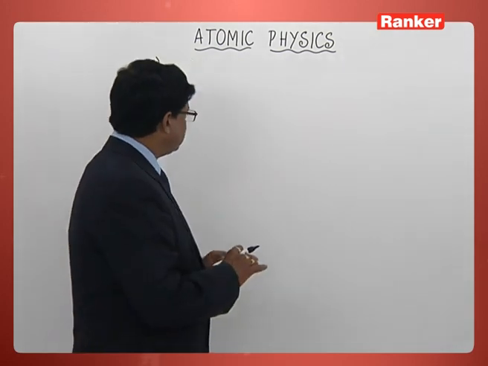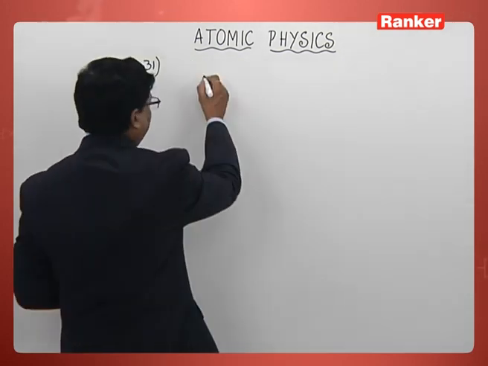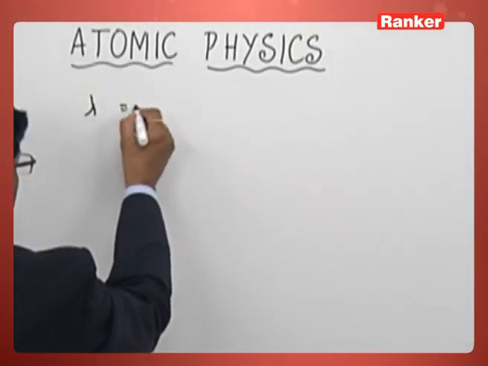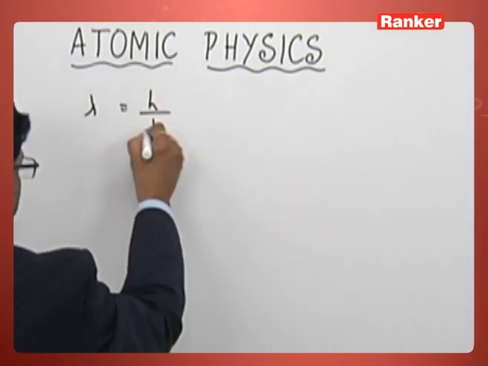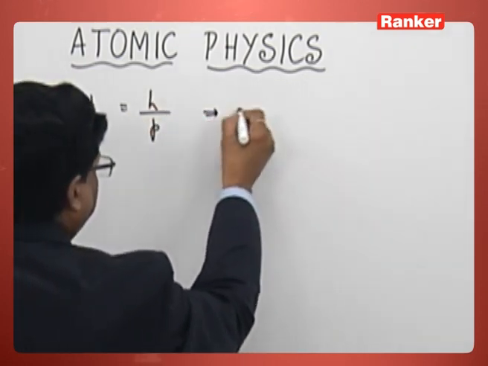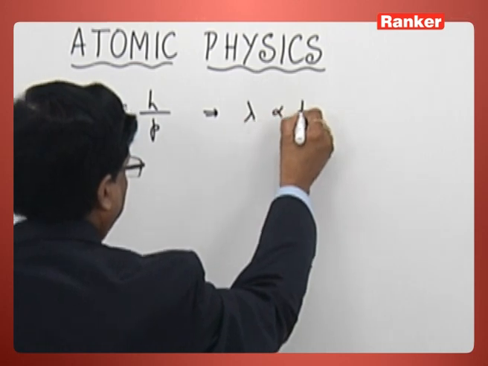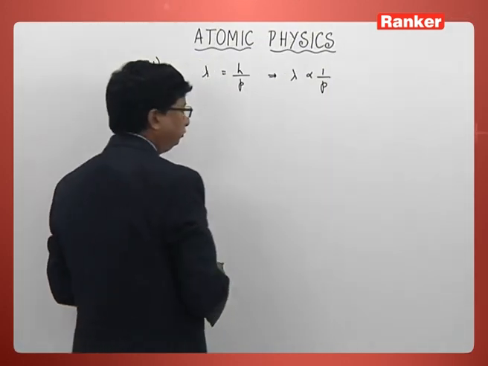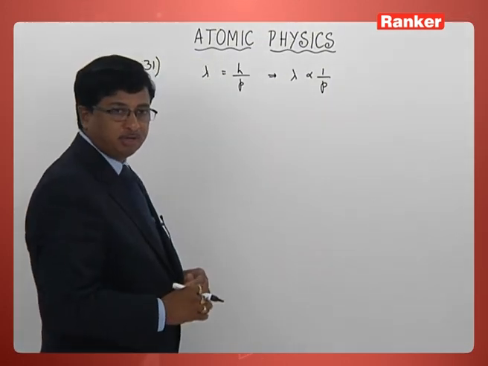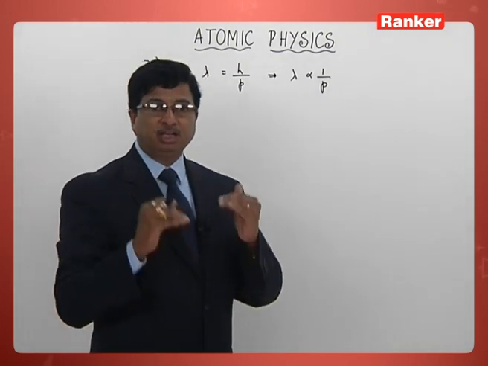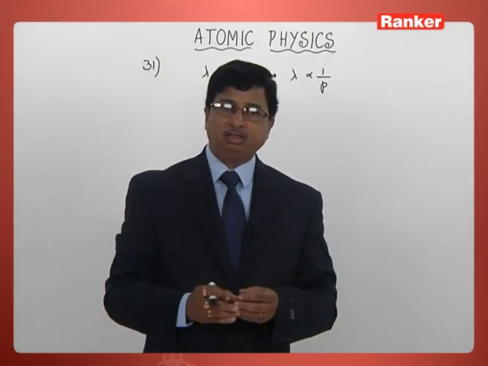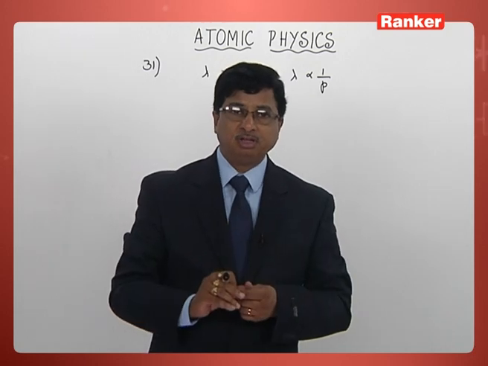If you look at it once again, lambda is equal to h by p. You can directly understand lambda is inversely proportional to p. No doubt, absolutely in that. That means if lambda increases, p decreases and vice versa.